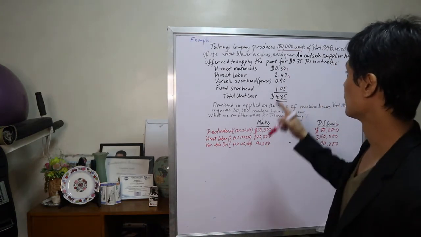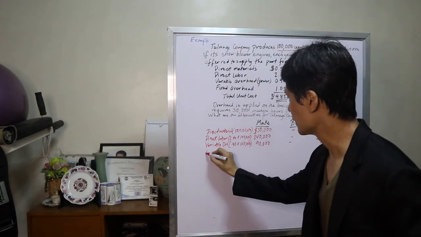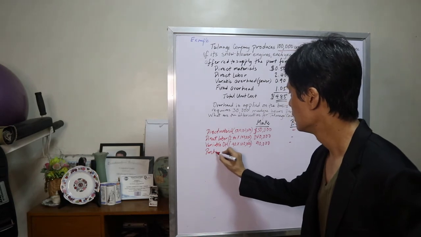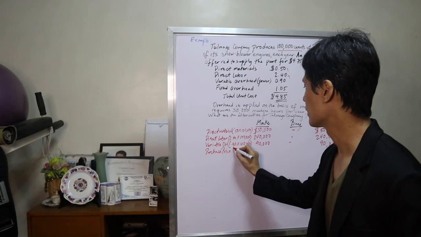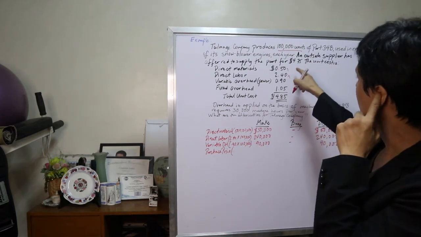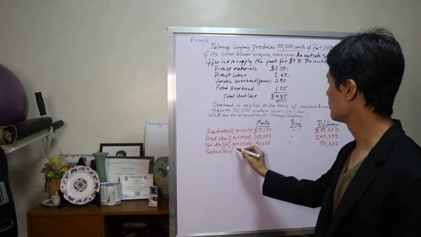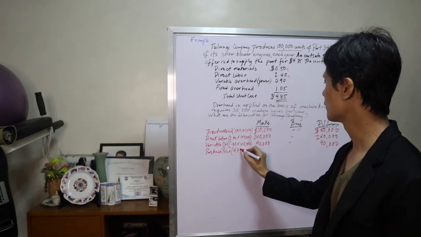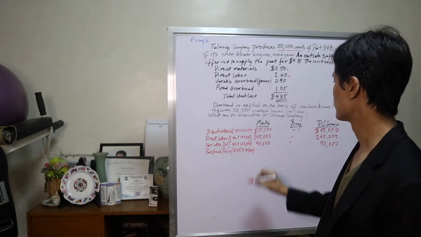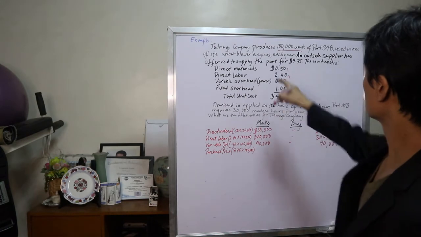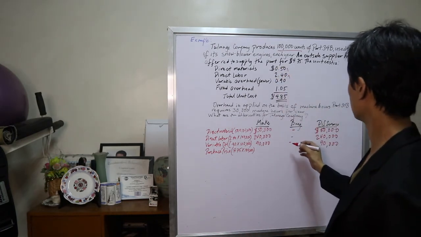Aside from the fixed, ano pa ba yung kailangan natin isama? Yung purchase price nung supplier. Okay, why? Kasi if they decided to purchase instead of making that, meron silang gagastos na $4.75 times 100,000. The offer to supply is 475,000.